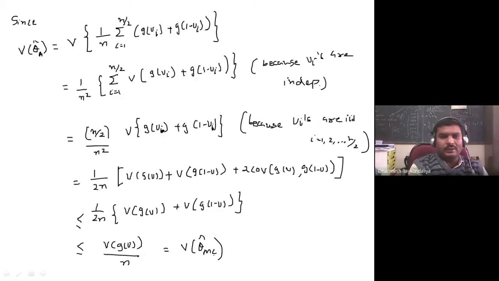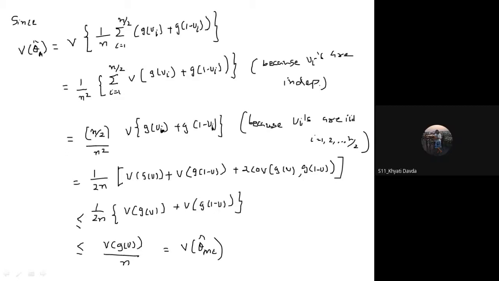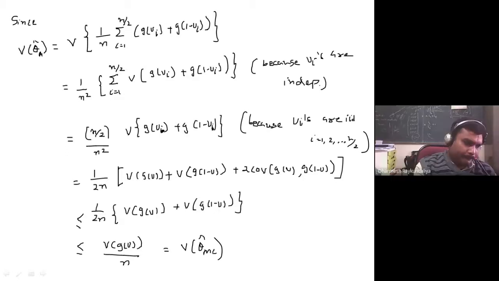So we say that the estimate of theta obtained by the antithetic variable technique is more efficient than the Monte Carlo method. Is that fine? Any questions, anyone? No, sir. Okay.